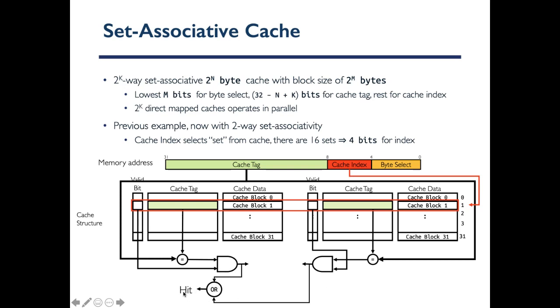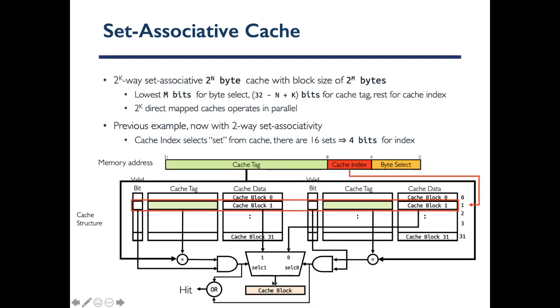So at this point, you bring your cache block, the entire block, and you use your byte select to choose which bytes you need. So this is your cache block. Now you will use your byte select to see which part of this block you need.